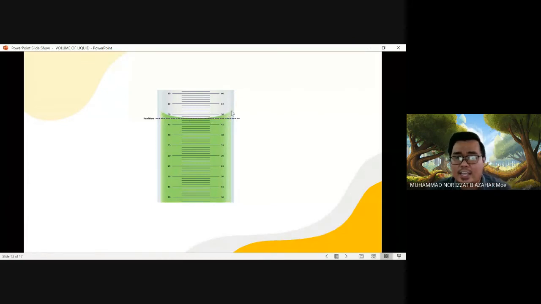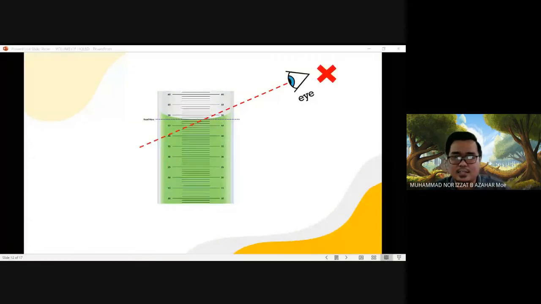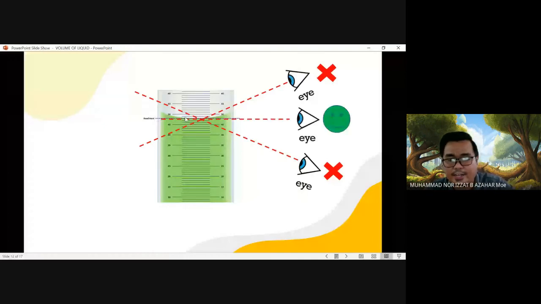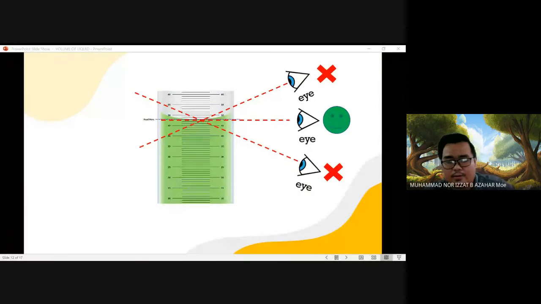The eye cannot be higher than the meniscus, or lower than the meniscus, because it doesn't give us the accurate reading. So we need to be at the same level as the meniscus. Understand? Alright, it must be at the same level as the meniscus.